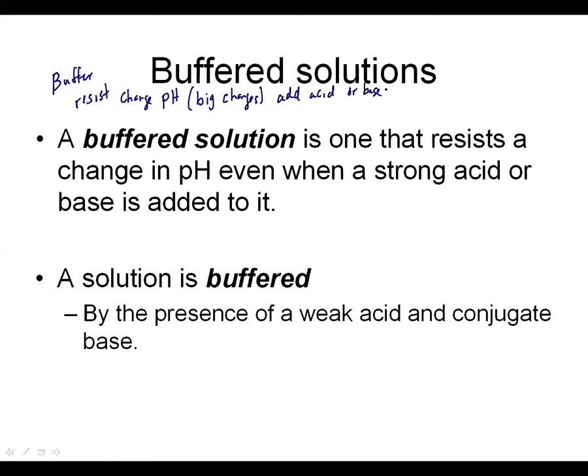Very commonly, when people see buffer, they think it's a neutral solution. So they think it is a pH of 7, for example. It's a neutral solution. And that technically is not what a buffer is. Although a buffer can be neutral, so you can have a buffer that is a pH of 7 and is a neutral solution.